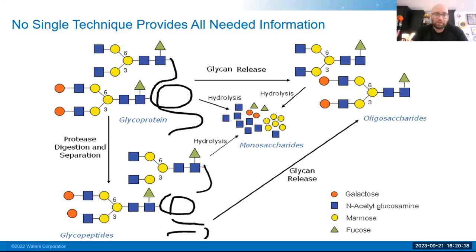This is going to be critical, looking at the intact structure itself for a glycoprotein, performing characterization at that level, down to different proteases and digestions to allow for much more discrete separations and determination of glycan structures, down to breaking these down through a variety of enzymatic processes and even hydrolysis to characterize monosaccharides. So it's very important to have every bit of this information. Not one type of analysis is more important than the other. All pieces of this are critical to determine the structure and characteristics of your biosimilar.